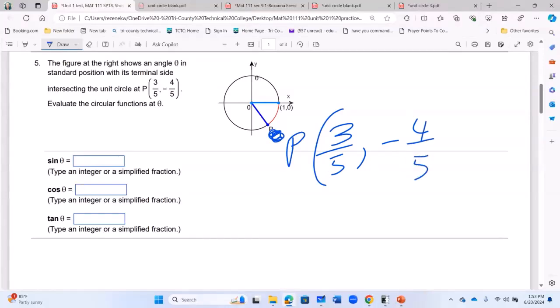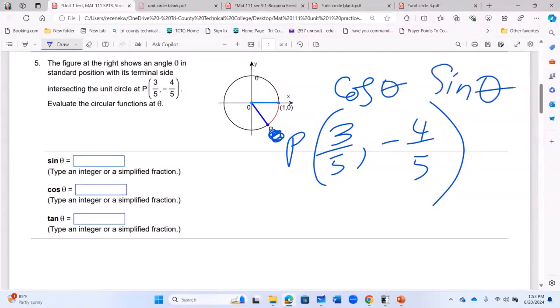But one thing is, you are given a point, 3 over 5 and negative 4 over 5. And that's all you need. Every point is cosine of theta, sine of theta. This is the easiest question in the test you're going to have. The figure at the right shows an angle theta. So this is an angle theta. Let's make that angle.